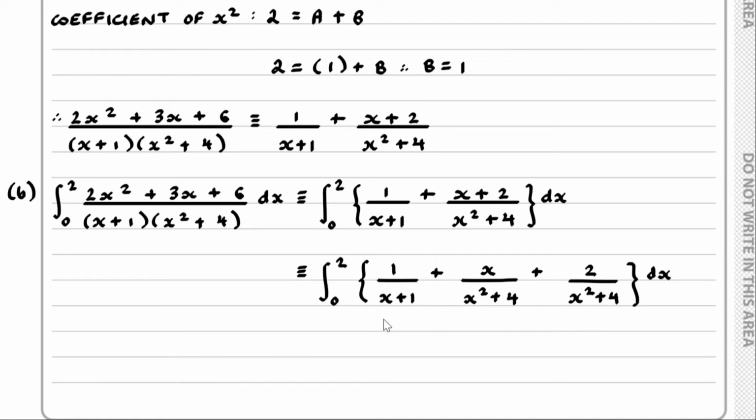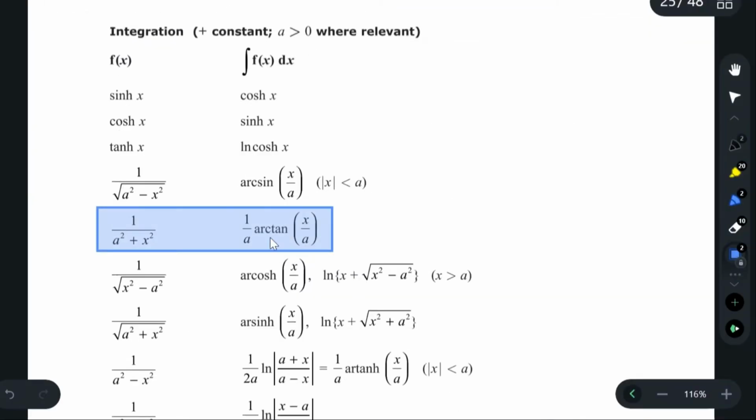And now each term is integrable. For the 1 over (x + 1) and the x over (x squared + 4), those are of the form f dash over f, and the 2 over (x squared + 4), well, if we go to the formula book, that's of the form 1 over (a squared + x squared), and the result of integrating this is 1 over a times the arctangent of x over a.